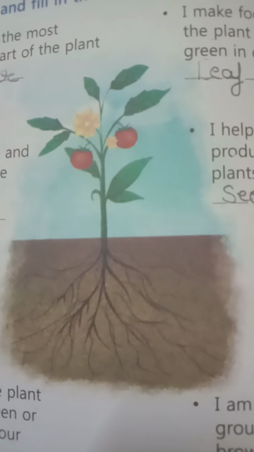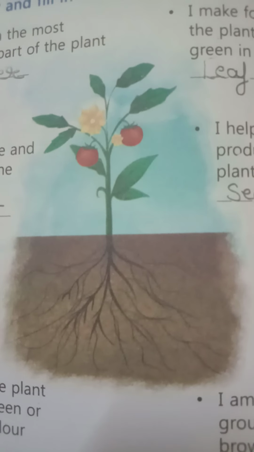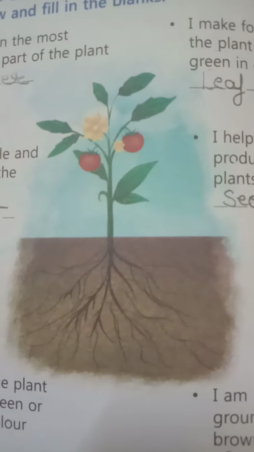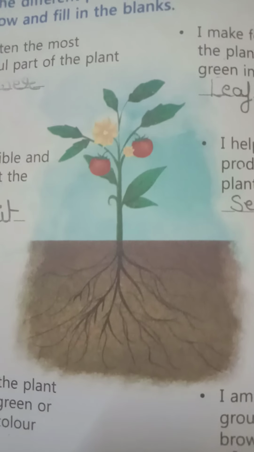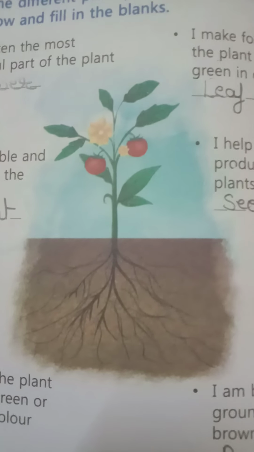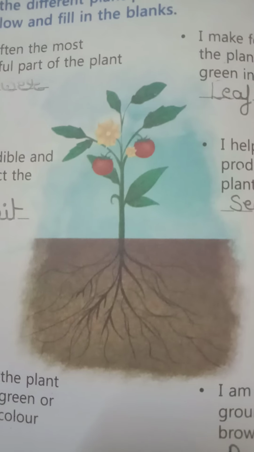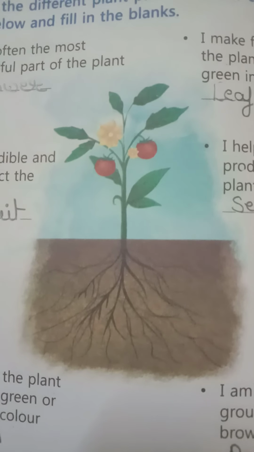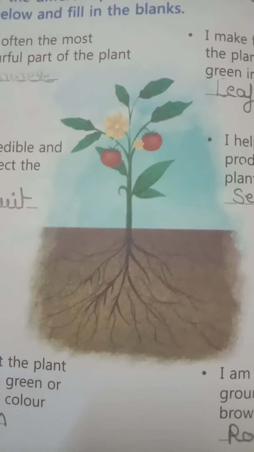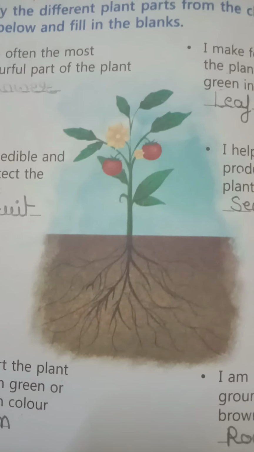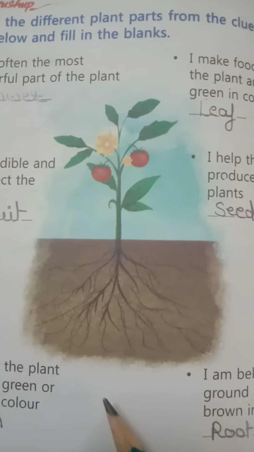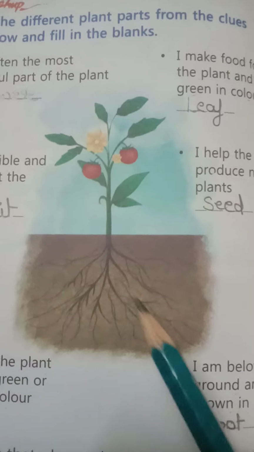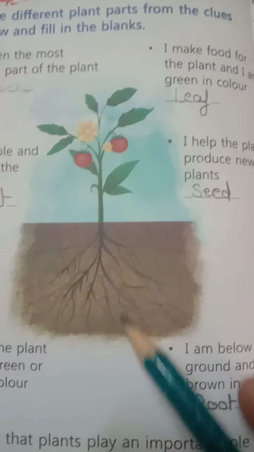So student, a plant has different kinds of parts. Each and every part combines and helps the plant to survive and grow. There are two main parts of a plant. First is root and second is shoot.